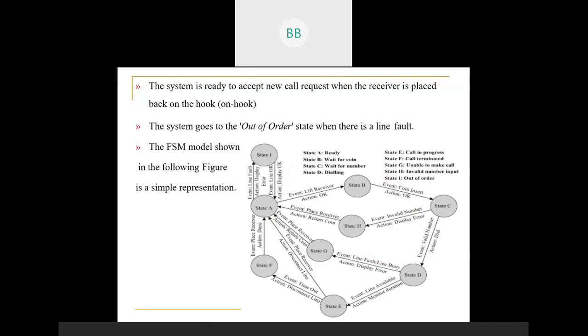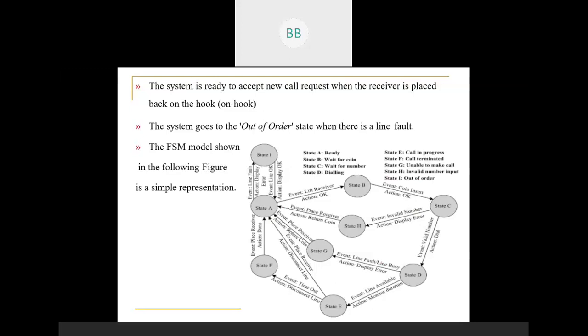Initially, the calling process is initiated by lifting the receiver of the telephone unit. After lifting the phone, the user needs to insert a 1 rupee coin to make a call. If the line is busy, the coin is returned on placing the receiver back on the hook.